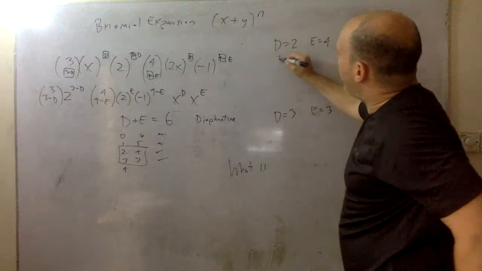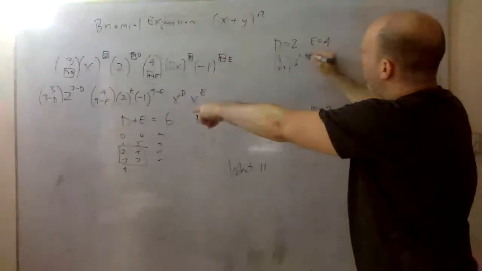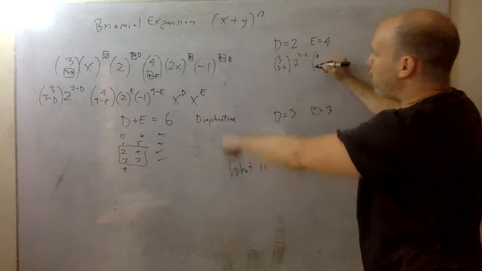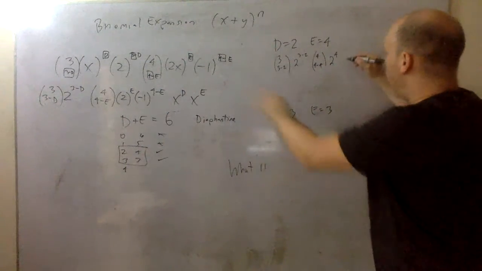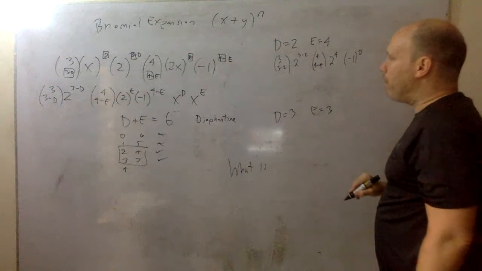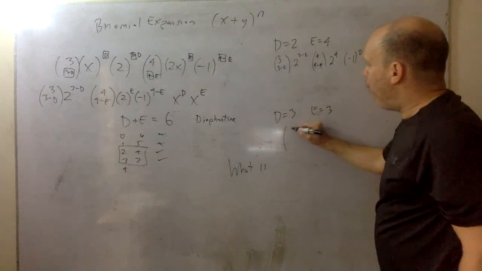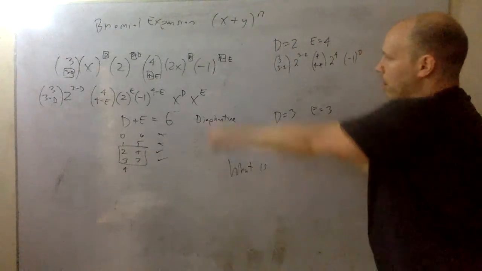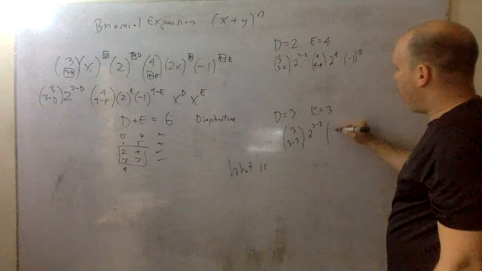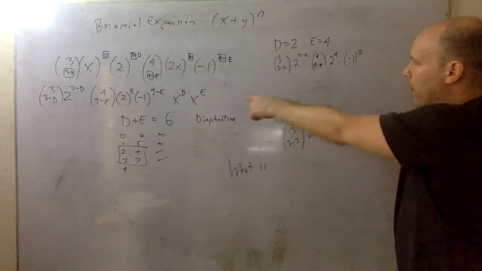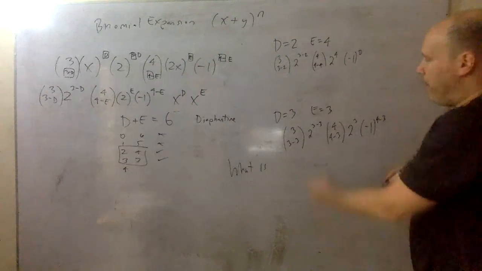So let's just plug it in. We have 3 choose 3 minus 2, 2 to the 3 minus 2, 4 choose 4 minus 4, 2 to the 4th, -1 to the 0. And then down here, we have 3 choose 3 minus 3, 2 to the 3 minus 3, 4 choose 4 minus 3, 2 to the 3, negative 1 to the 4 minus 3.